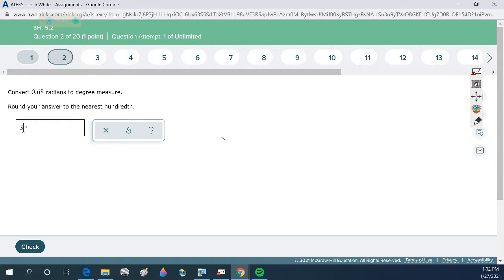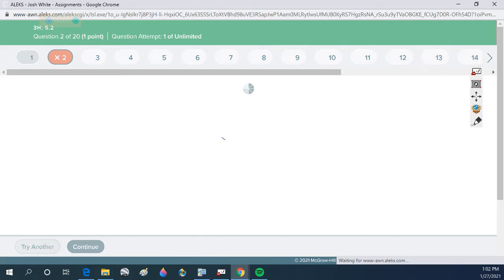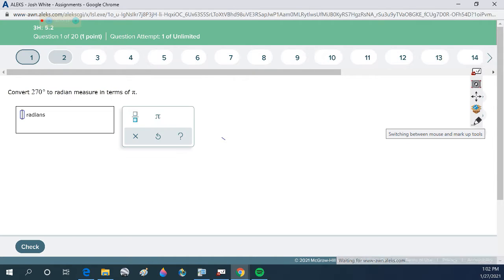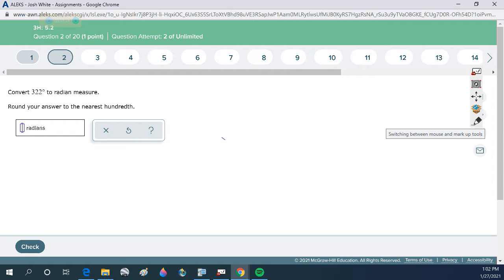It is rounded to the nearest hundredth. Okay.